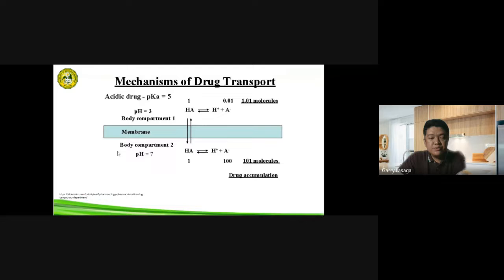When we increase the pH of the environment where an acidic drug is being administered, there will be an increase in the proportion of the ionized form of the drug so that the drug will not be absorbed and it will be accumulated in that particular body compartment.